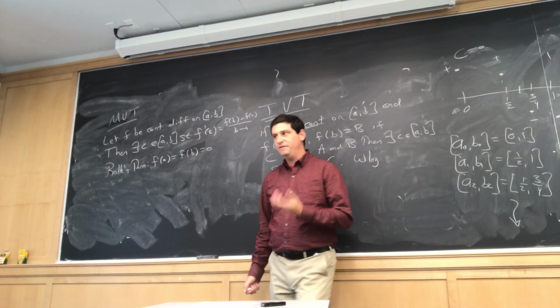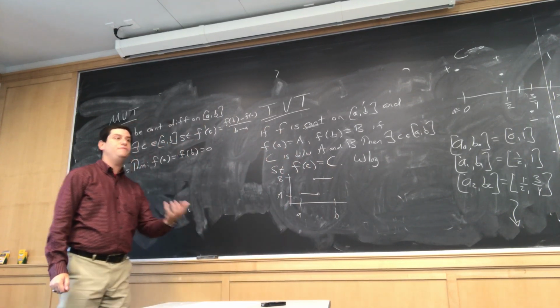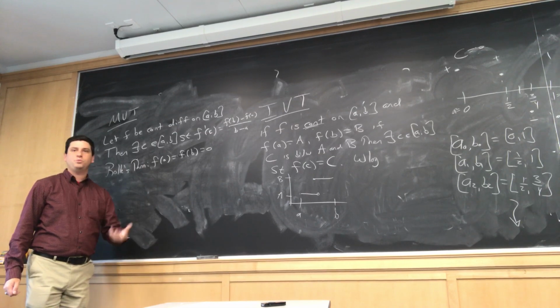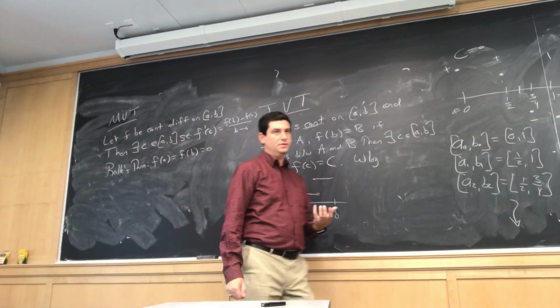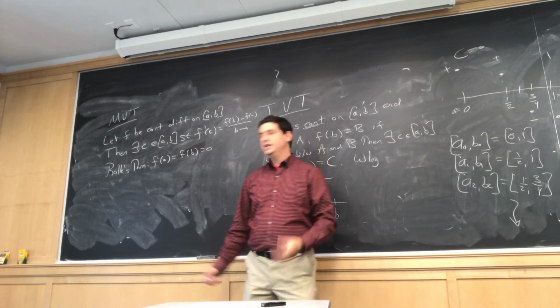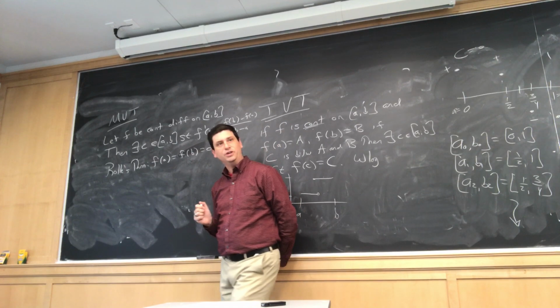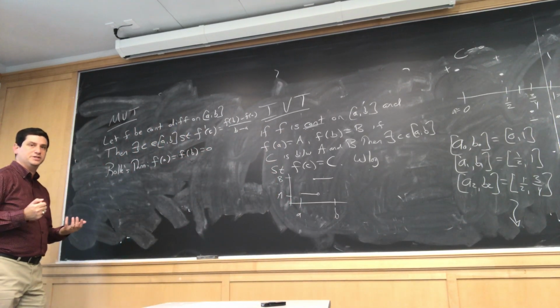If I want to solve f of x equals a, this is not a fixed point problem. But I could find some new function g which is related to f, and if I can solve the fixed point of that, that's equivalent to solving f of x equals a. So the question is, if I can do Rolle's theorem, if I can do this special case, can I do the more general case? So let's do Rolle's theorem first and then discuss how to generalize this.